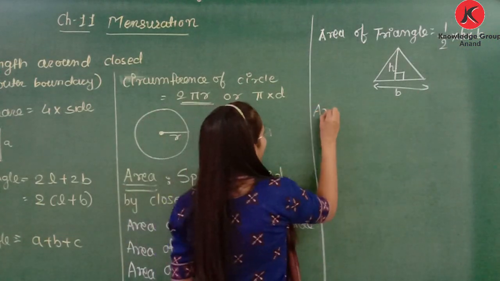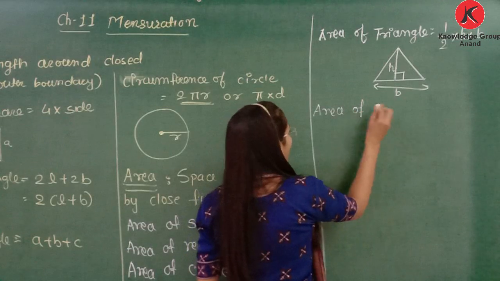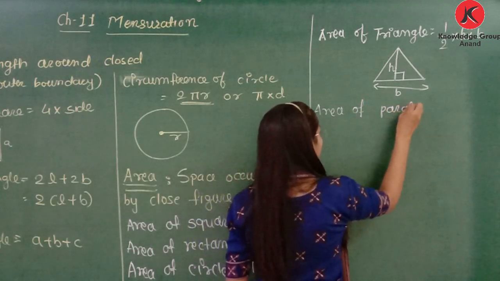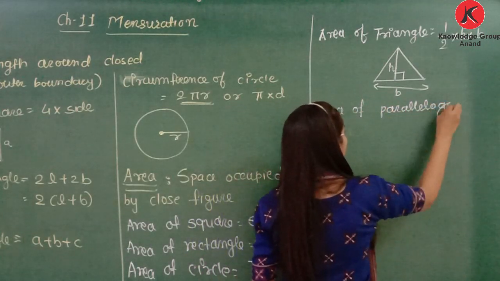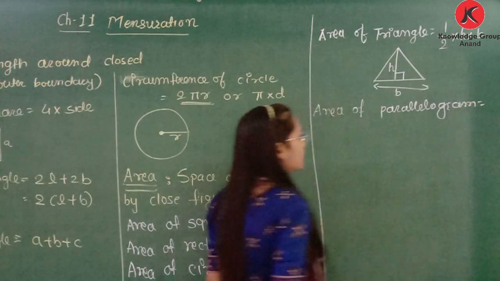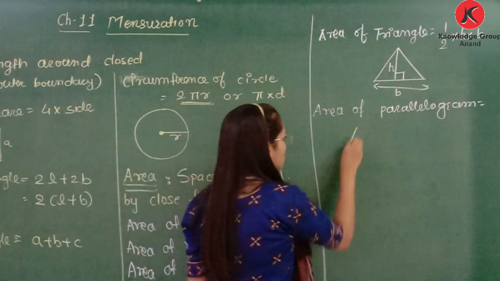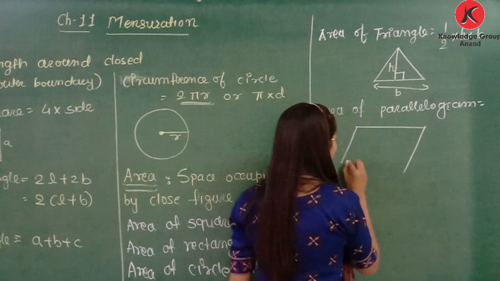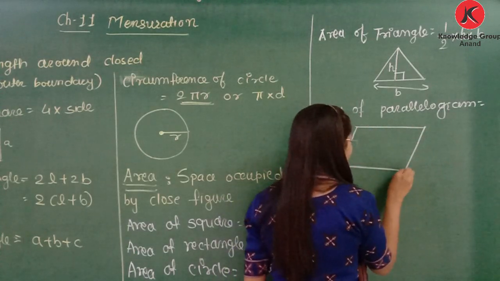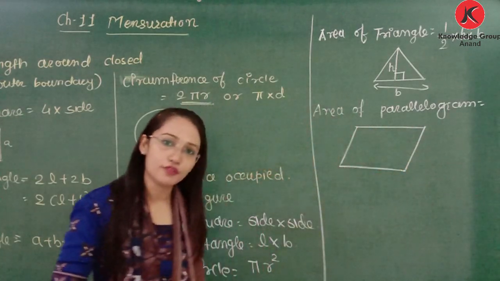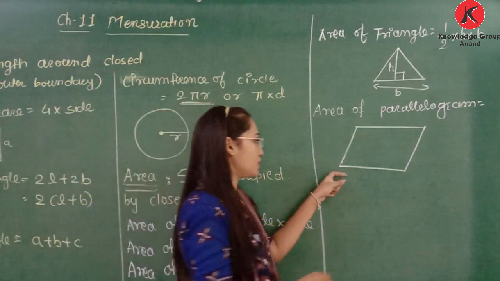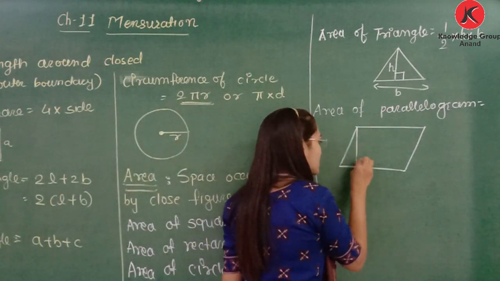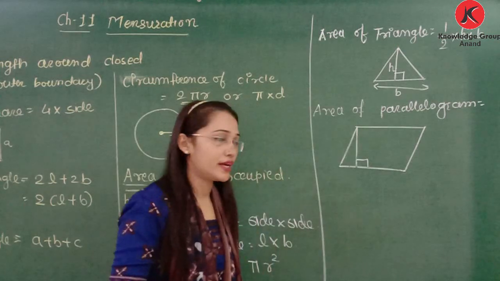Then area of a parallelogram. What is the area of a parallelogram? A parallelogram is a figure which has opposite sides parallel to each other and of the same length. So here if we consider this as a parallelogram, then this is the vertical distance from the vertex.